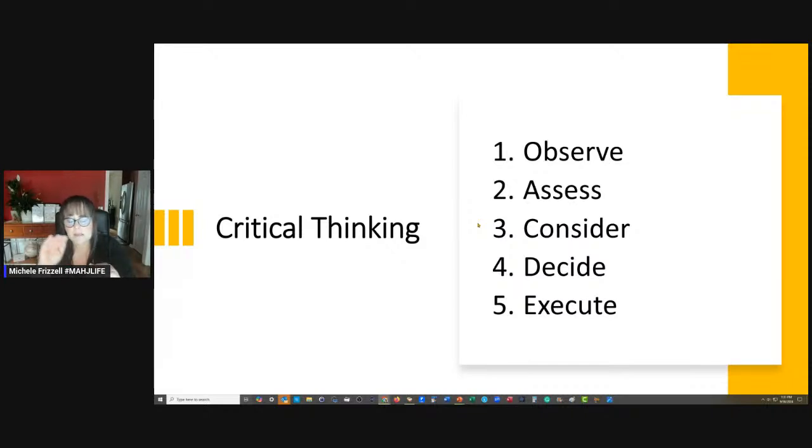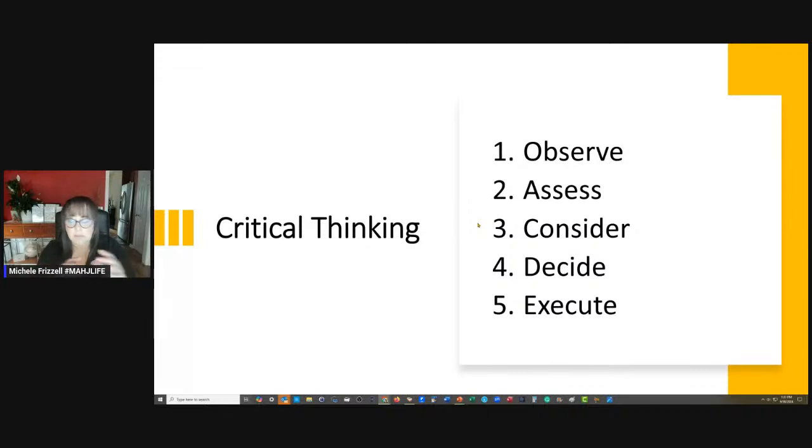The process that happens in your mind, and most times without you even being aware, would be these 5 components or phases: observe, assess, consider, decide, execute.